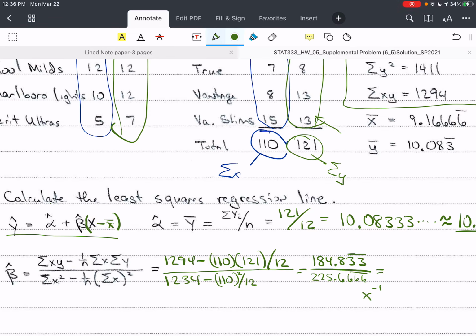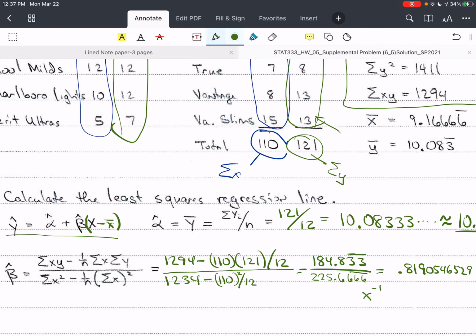Yes, divided by, now I can use parentheses and do this all in one step, but I don't like to do this very often. So divide by parentheses 1234 minus 110 squared divided by 12, close parenthesis. Yep, okay, so I must have done something wrong because I'm getting the right number now, which is 0.81904546529.